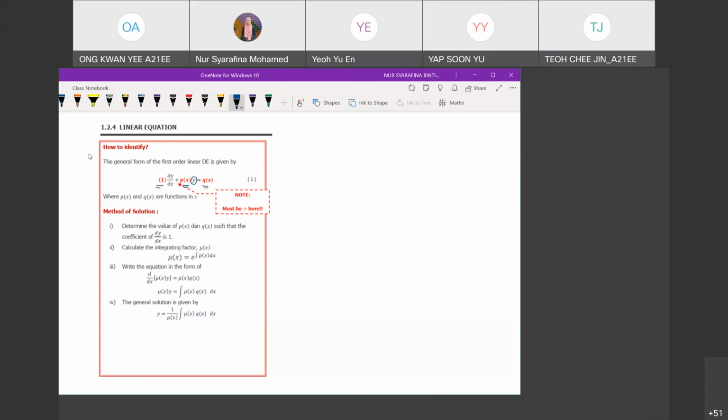Okay, so p(x) and q(x) are functions in x. Okay, now let's take a look at the example. We have dy dx. Okay, so this is example 1 from your notes.